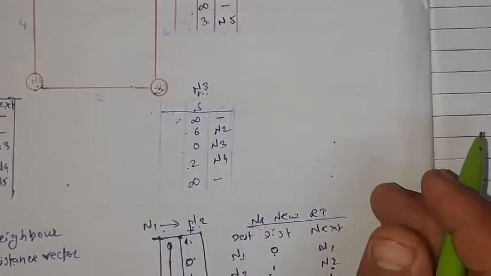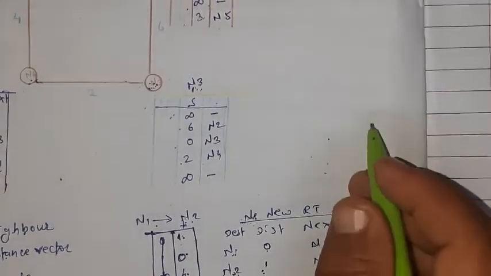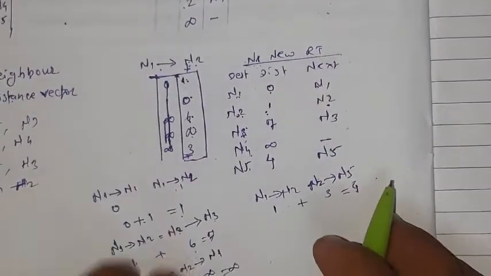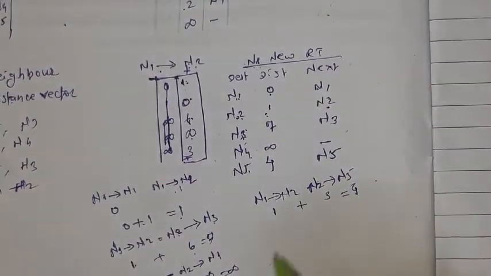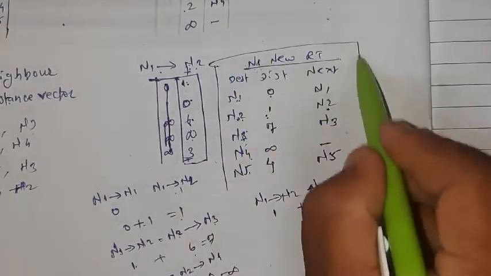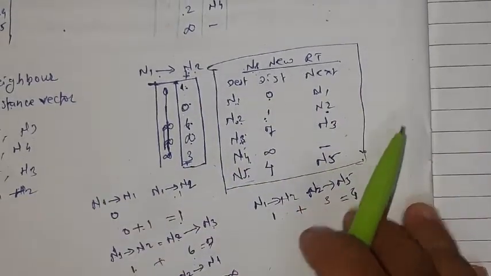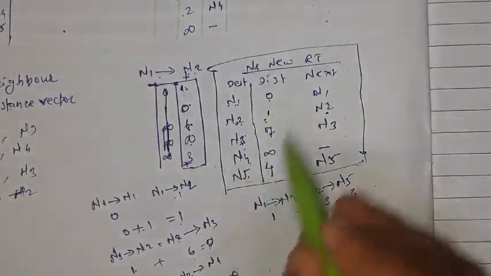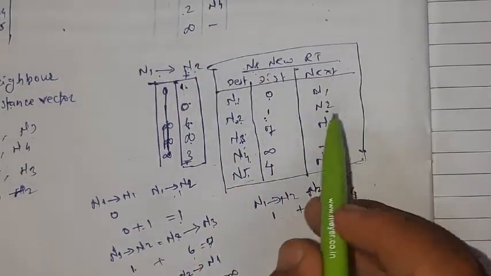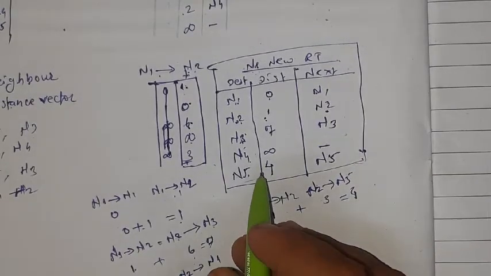Due to the lack of space, taking the next example is not possible here, but you can try at your own level. Whenever we draw the new routing table, the rest of the routing tables automatically get updated. You have the same logic, so try to do it at your own level. If you have any problem, then please ask me.